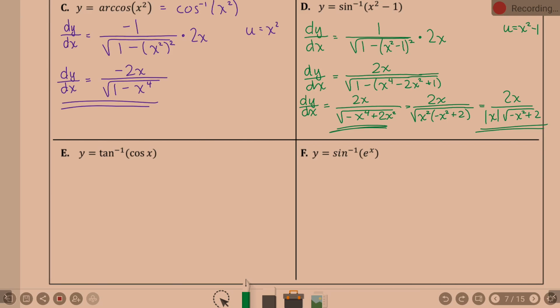Y equals tan inverse of cosine x. So realizing cosine x is my inside now, isn't it? When we talk about what is u, u is cosine x, right? So dy/dx equals, but what's the derivative of tan inverse of something according to my notes?